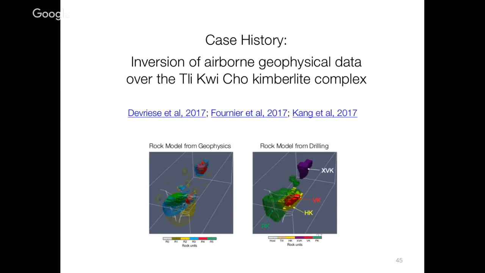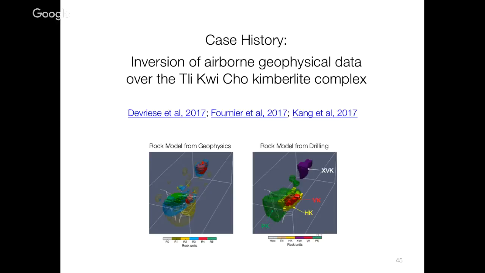I want to quickly take you through a case history that our group has worked on for probably 2 or 3 years. We just published a sequence of 3 papers in Geophysics, Exploration or Interpretation.